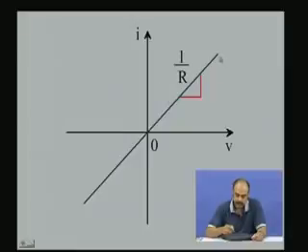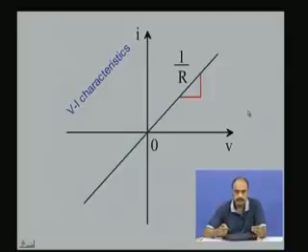On the other hand, if this resistor line is aligned along the V axis, that is the x axis, then R is infinite as the slope of this line is 0. So, we see that the resistor line can vary from short circuit along the vertical axis to open circuit along the horizontal axis, and in between it can take any value from 0 to open circuit.